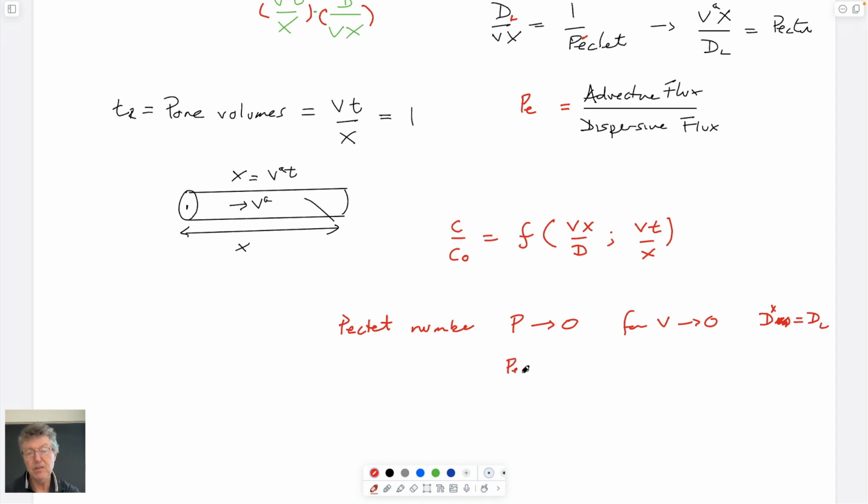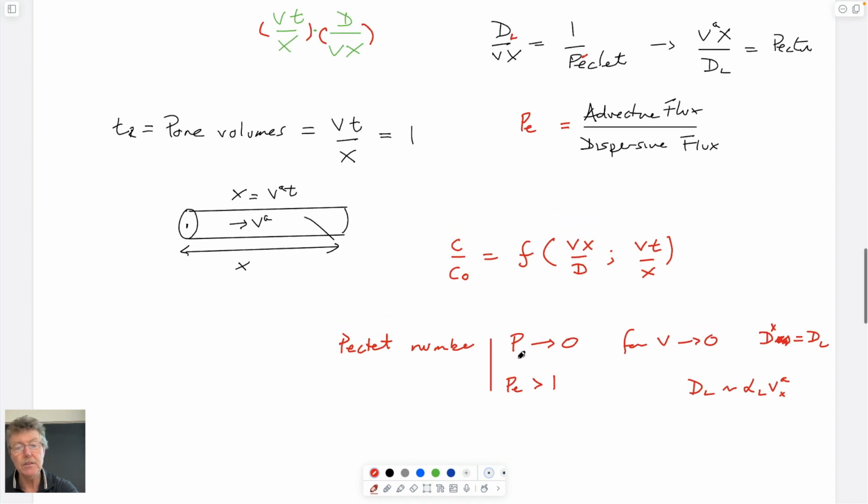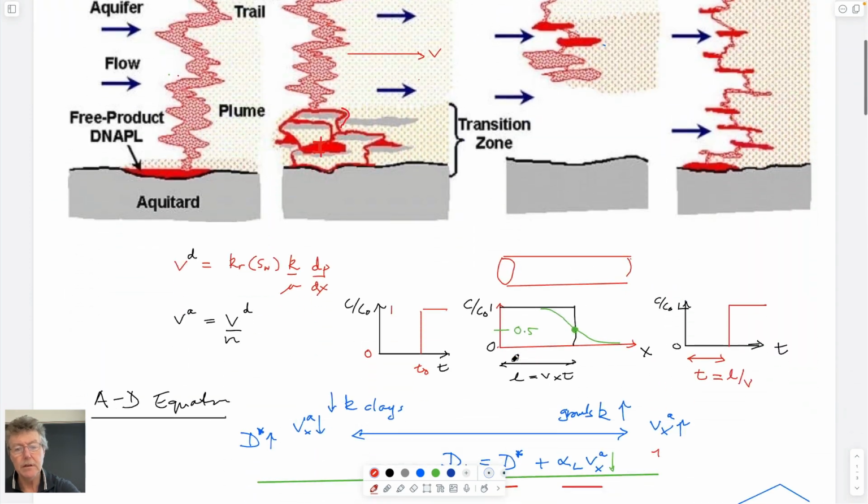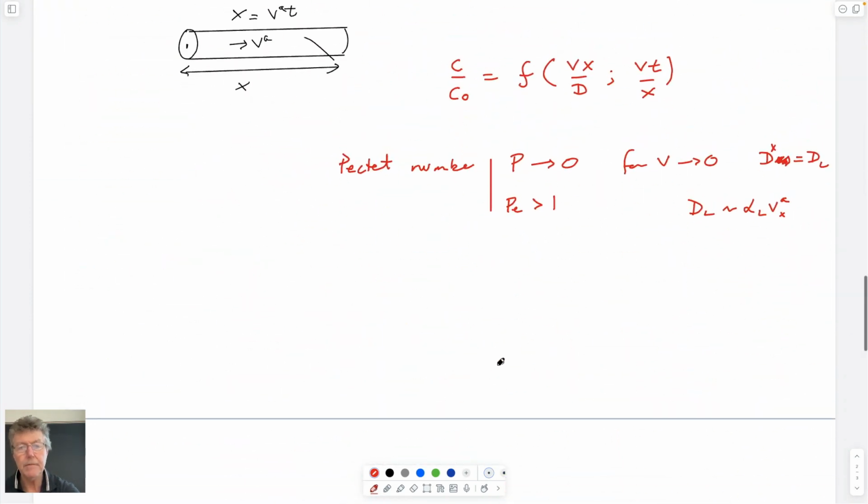When the Peclet number is greater than 1, then dispersion is approximately equal to alpha L V A. So that's what's important for this. These represent the case when advection is dominated or not, and it's not on this plot.